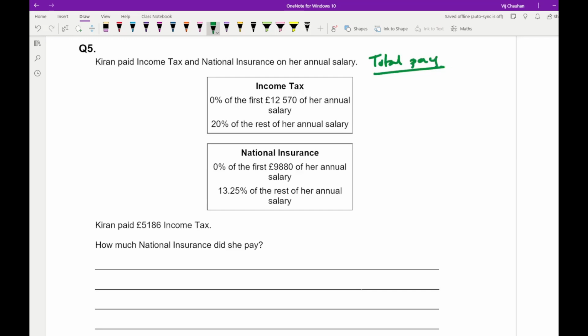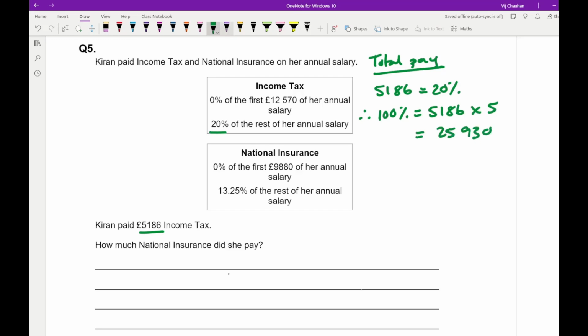Now if 5,186 is basically 20% of the rest of the taxable income, so we know that 5,186 is equal to 20%, so therefore 100% is going to equal 5,186 multiplied by 5, which comes up to a total of 25,930.